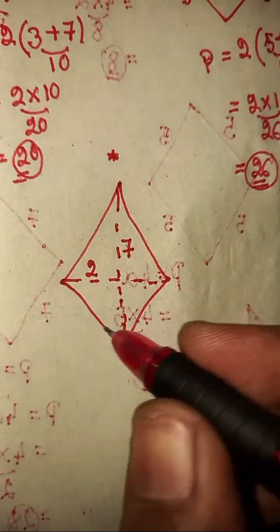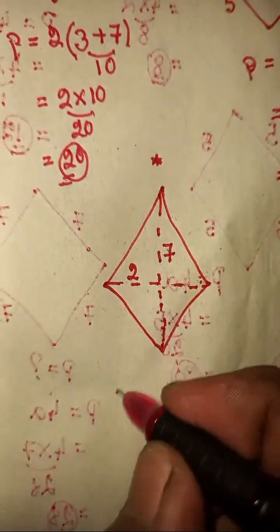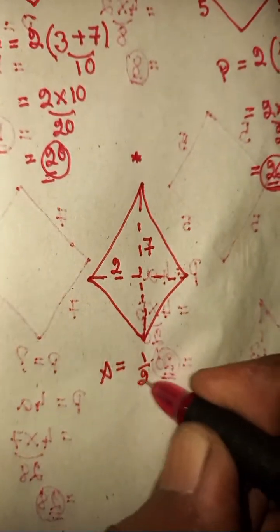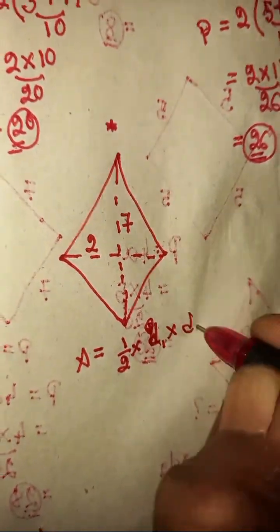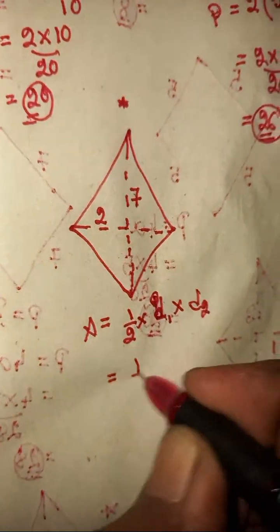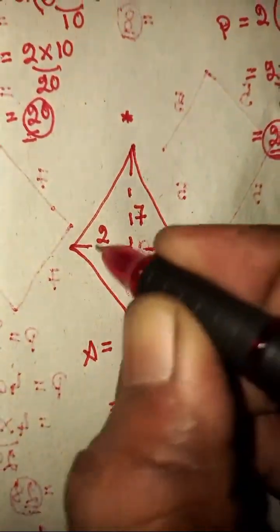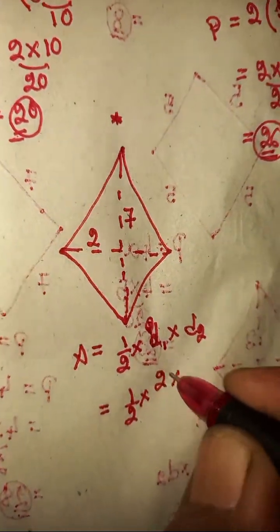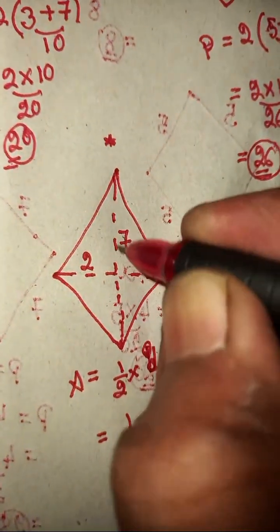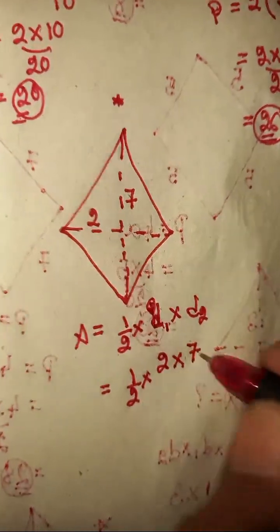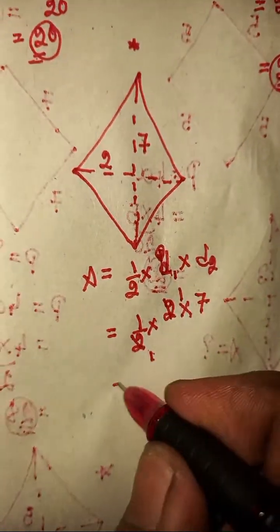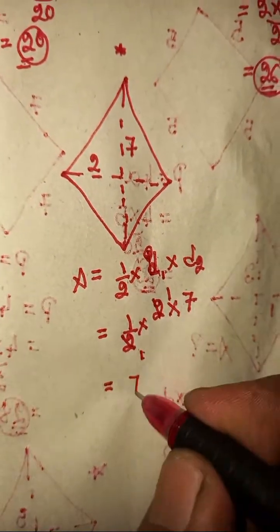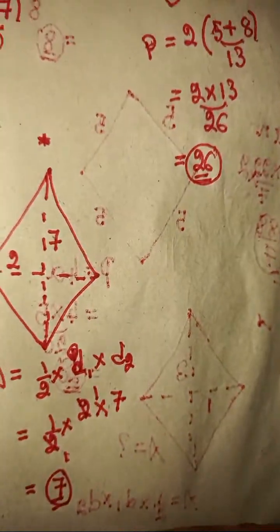Now you can find by the same formula as rhombus, that is area is half times of diagonal 1 times of diagonal 2, that is half times of this one is diagonal 1, 2 units, times of this diagonal 2, which is 7 units. You can divide 2 one times to denominator and numerator. 1 times of 7 is 7 square units.